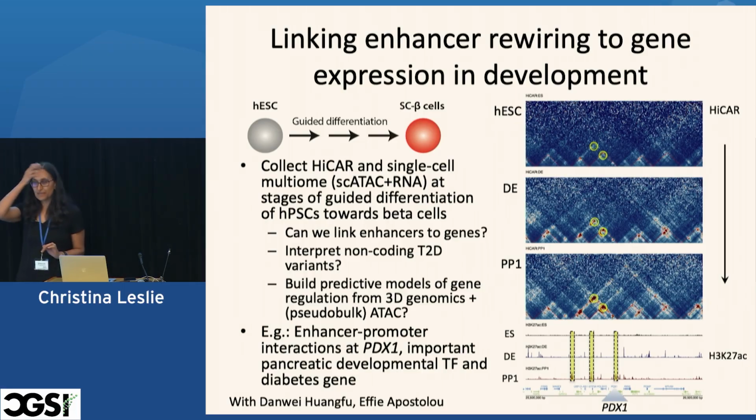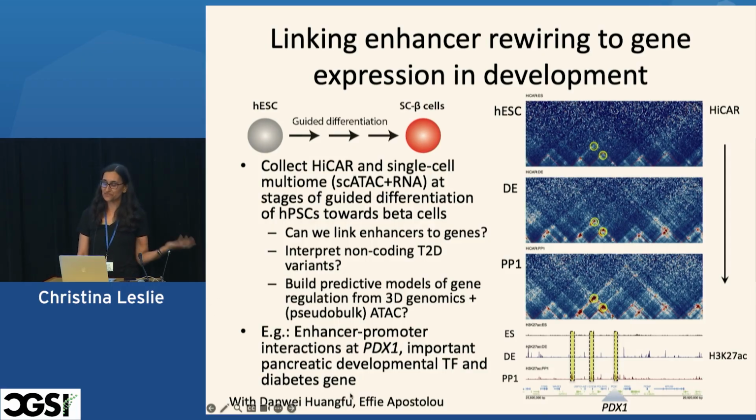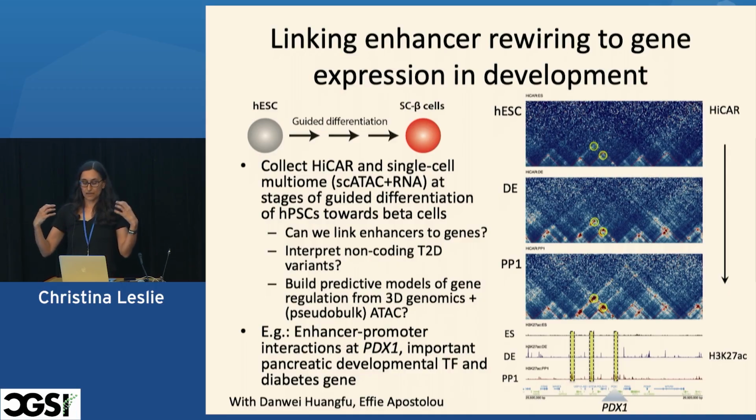Okay, so continuing on the theme of pancreatic differentiation. This is a project with Danwei Huangfu at Sloan Kettering and Effie Apostolou at Weill Cornell. This is our 4DN project. And the idea is, let's look at pancreatic differentiation using guided differentiation of human pluripotent stem cells.